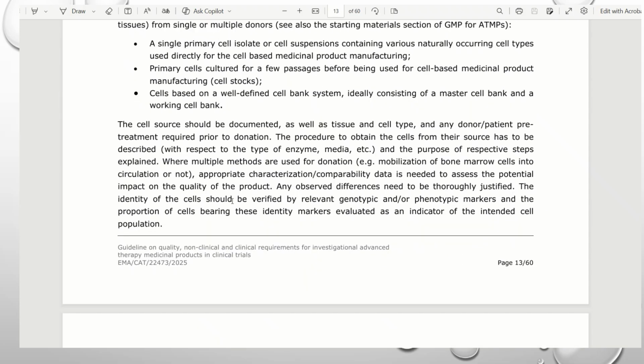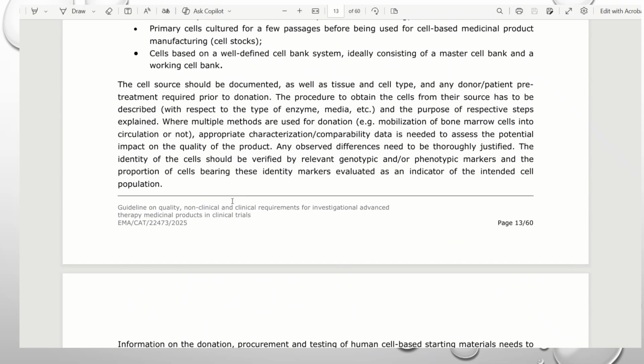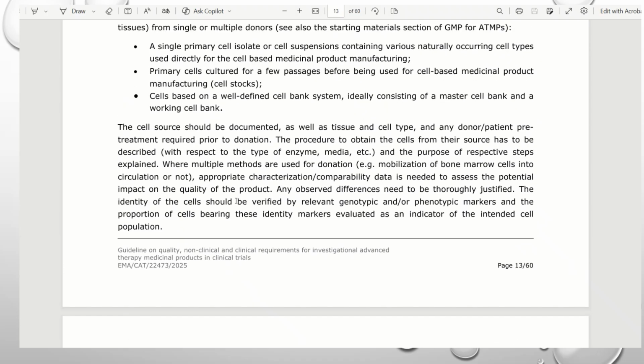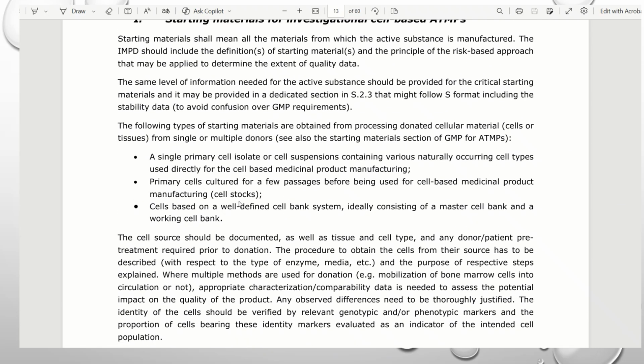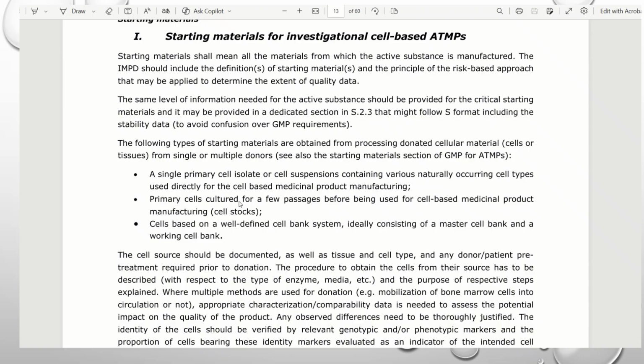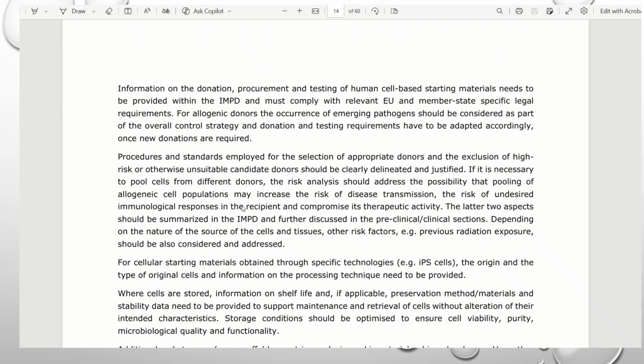So you have to provide all of this information. It has to be manufactured in accordance with GMP, and the level of information and the extent of data is probably going to be quite significant due to the risks associated with these particular products.